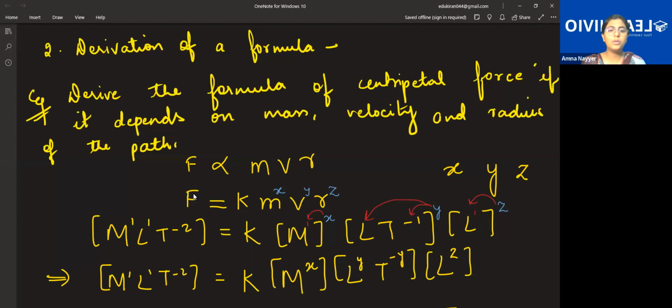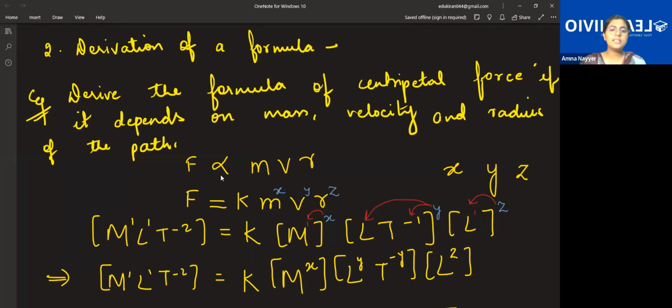Then we write the dimensional formula of individual quantities. Dimensional formula of force is written. Dimensional formula of mass is written. Dimensional formula of velocity is written. Dimensional formula of radius is written. These individual dimensional formulas, all of you know by now. Fine.